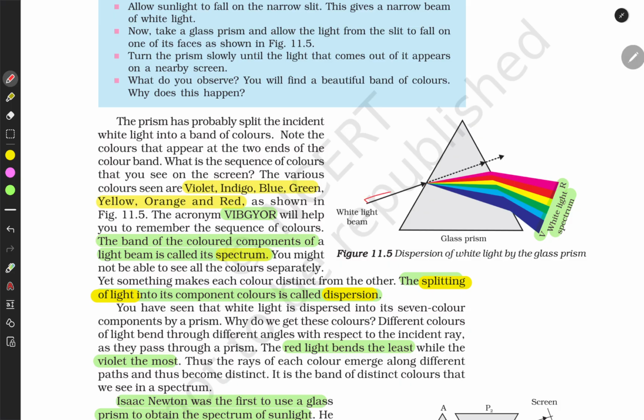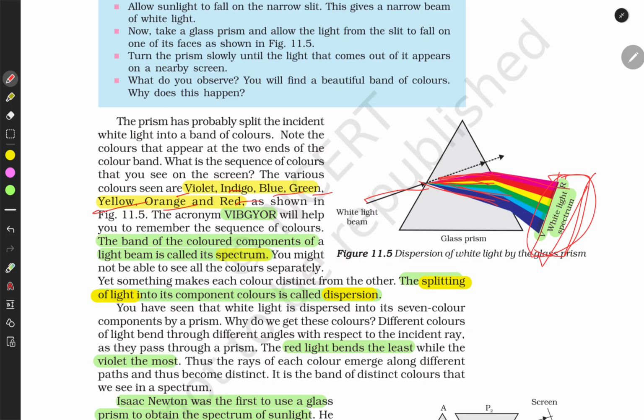When white light goes through the prism, it breaks into its constituent colors. These constituent lights are called VIBGYOR, because they form different colors: violet, indigo, blue, green, yellow, orange, and red.